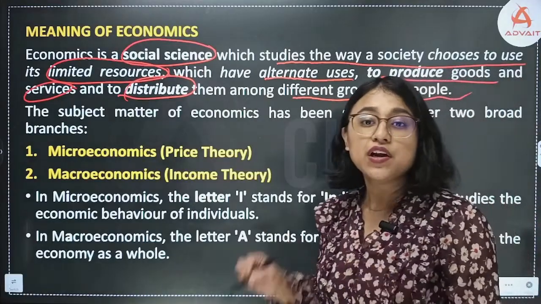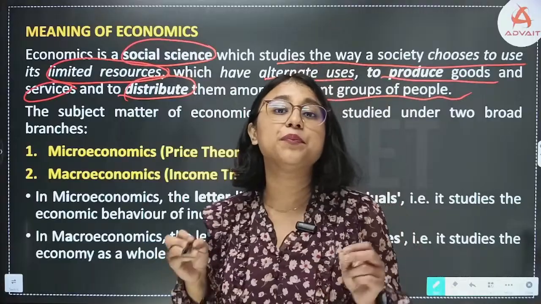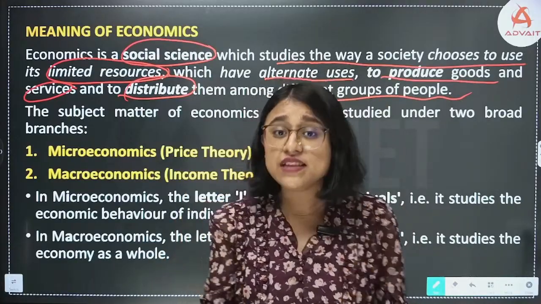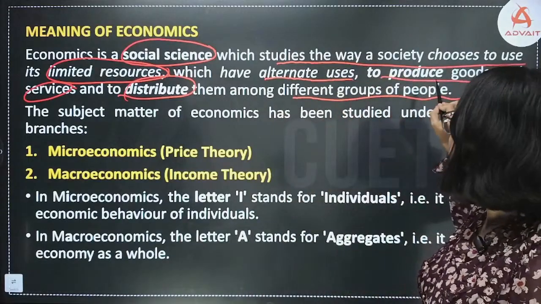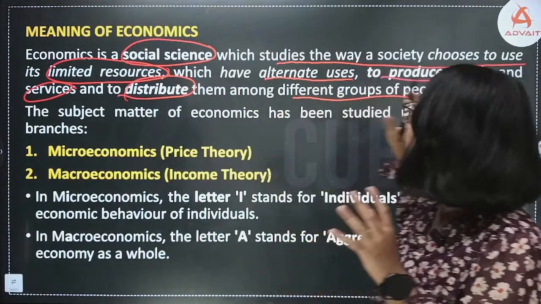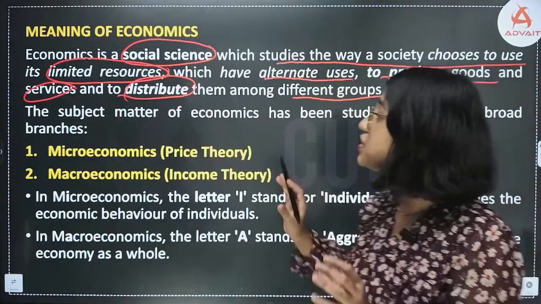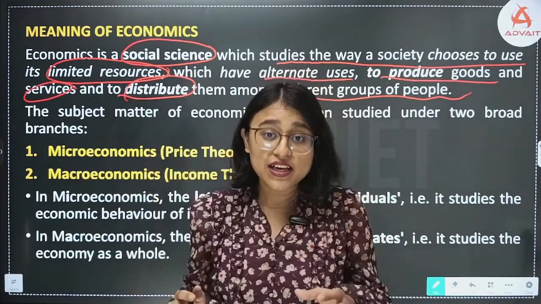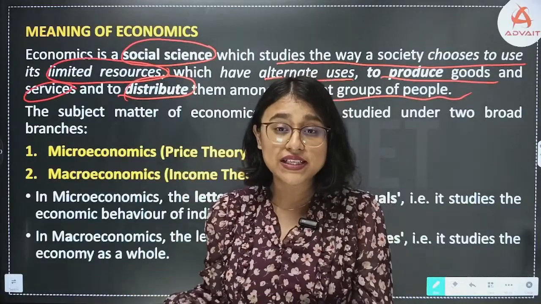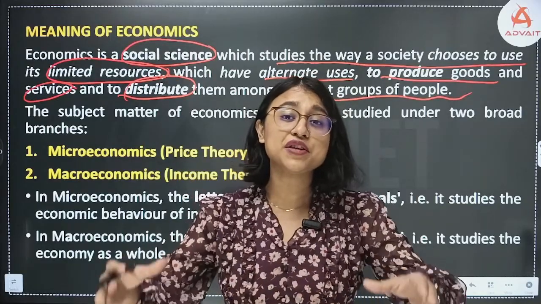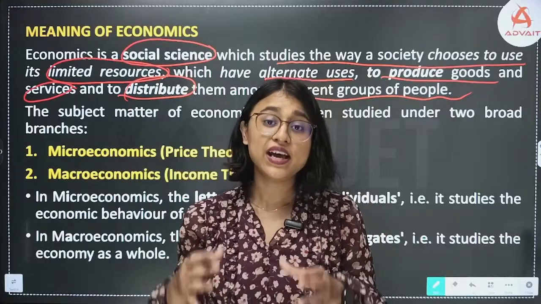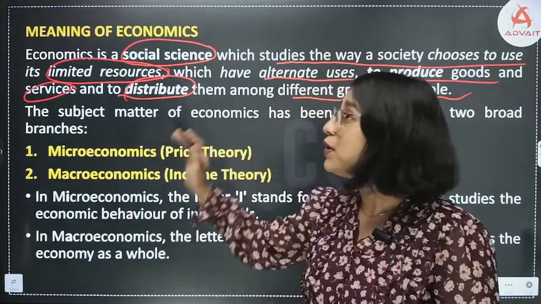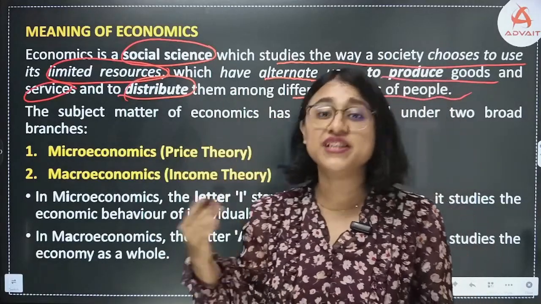So economics is a branch of social science which deals with the way a society chooses to use its limited resources. It studies how society uses the limited resources available to produce goods and services.